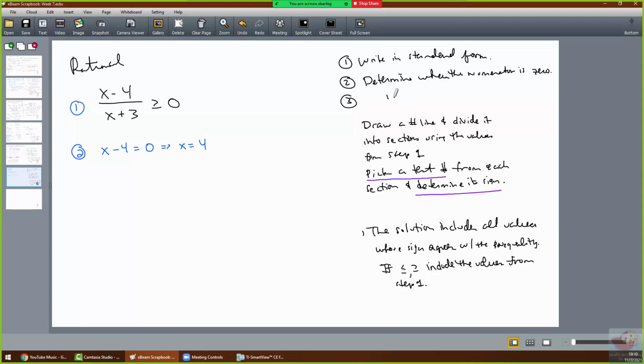Step 3 is determine where the denominator equals 0. So the denominator, set x plus 3 equals 0, and we get x to be negative 3.